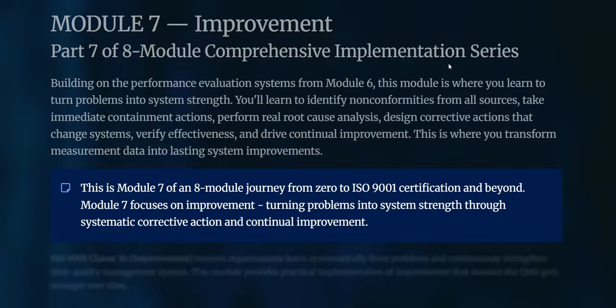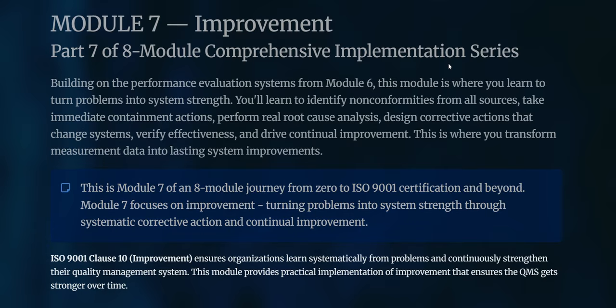Module 7 of ISO 9001 focuses on improvement by turning problems into system strengths through systematic corrective actions and continual improvement. ISO 9001 Clause 10, Improvement, ensures organizations learn systematically from problems and continually strengthen their quality management system. So this module provides practical implementation that ensures the quality management system gets stronger over time.